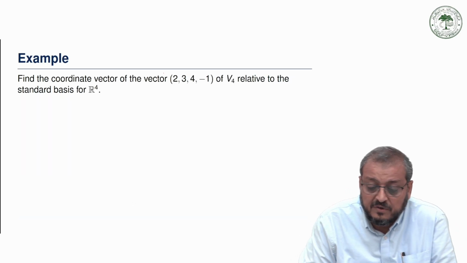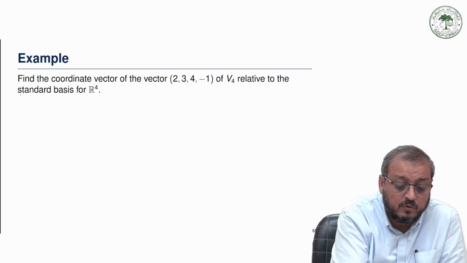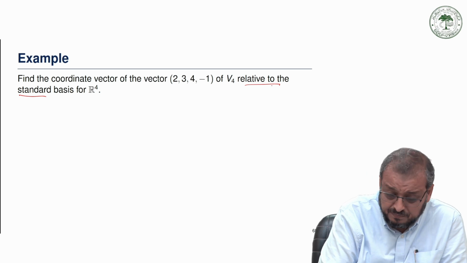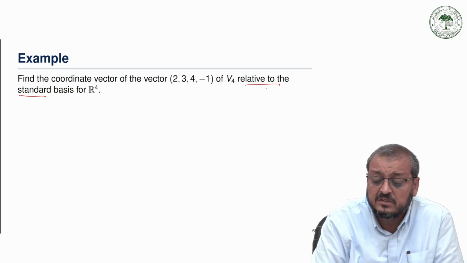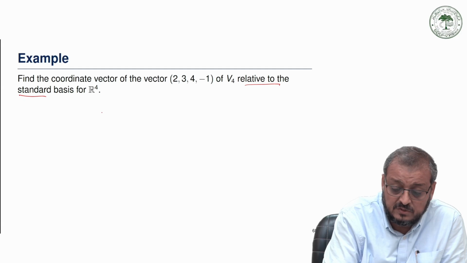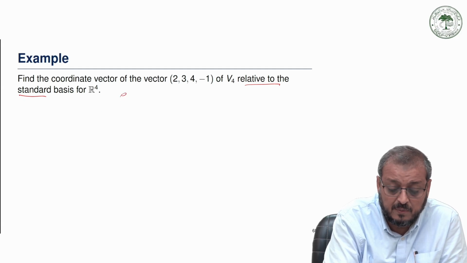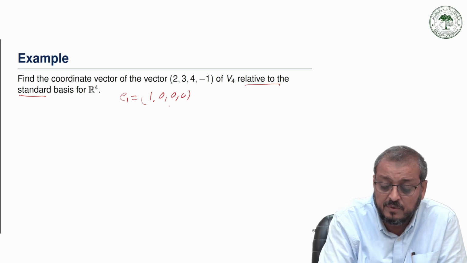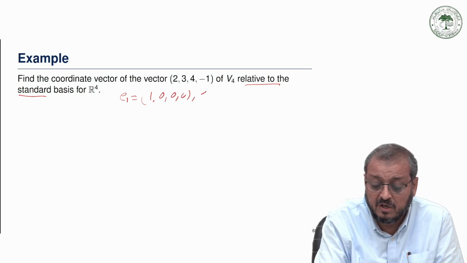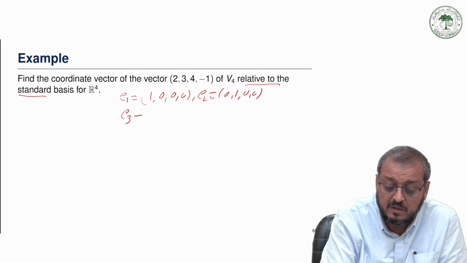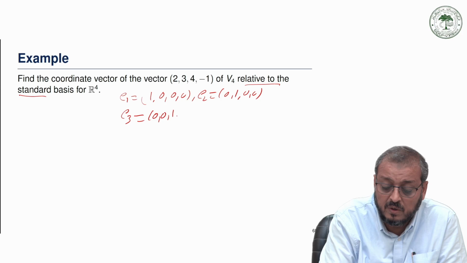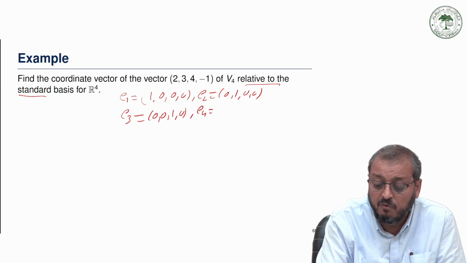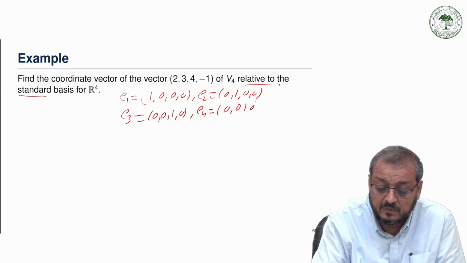Okay, now we have a different example. Again we take the standard basis of R4. So we have E1 equal to (1, 0, 0, 0), E2 can be written as (0, 1, 0, 0), E3 is (0, 0, 1, 0), and E4 is (0, 0, 0, 1).